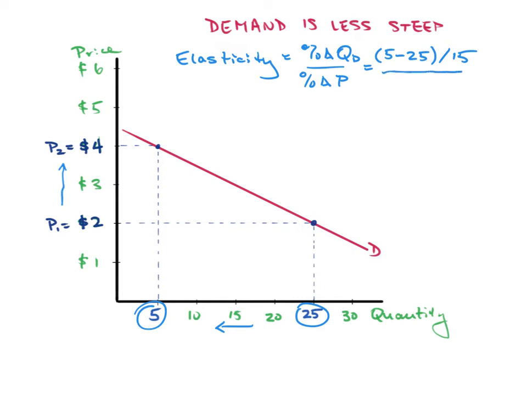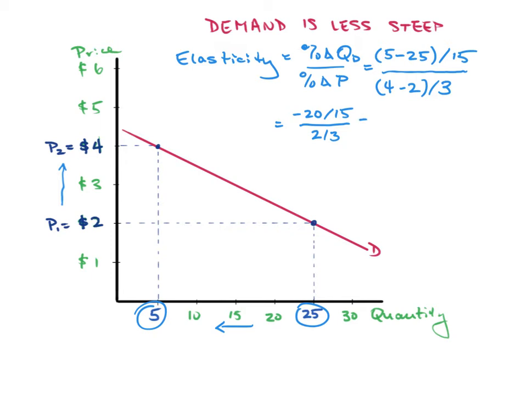Okay. Then in the bottom part of the fraction, percent change in the price is 4 minus 2 divided by average price. Okay, so doing this math, in the numerator we have negative 20 divided by 15. In the denominator, 2 divided by 3.